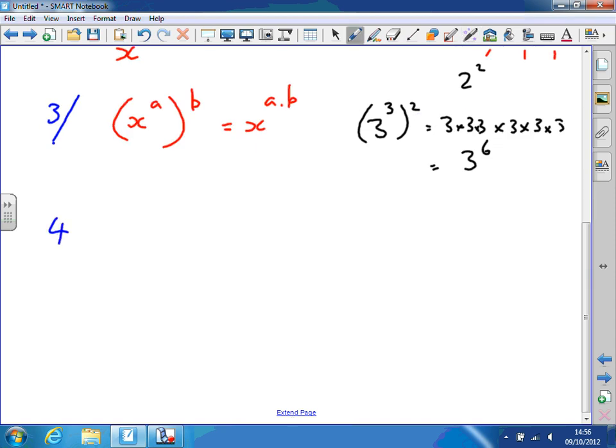Fourth one is the one I just wrote down, 1 over x to the a is x to the minus a, and this is probably one of the more important ones. So negative power means the inverse.